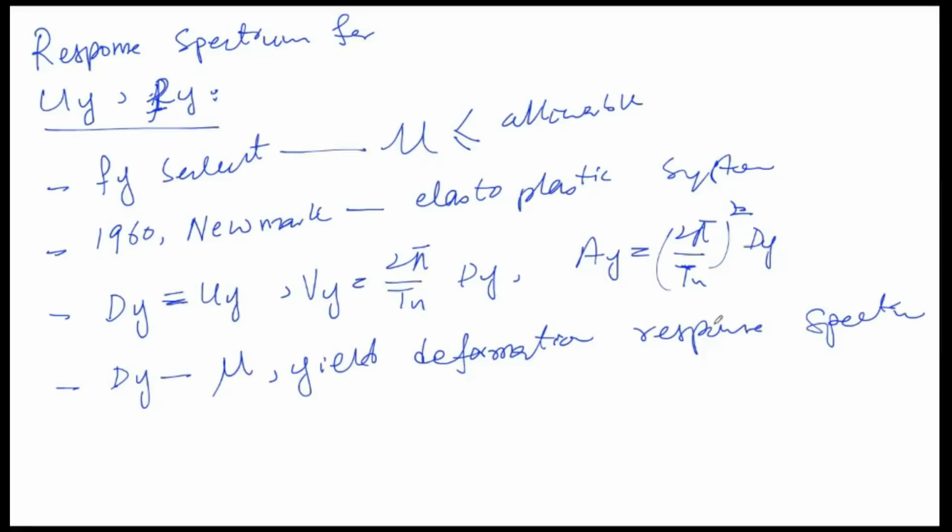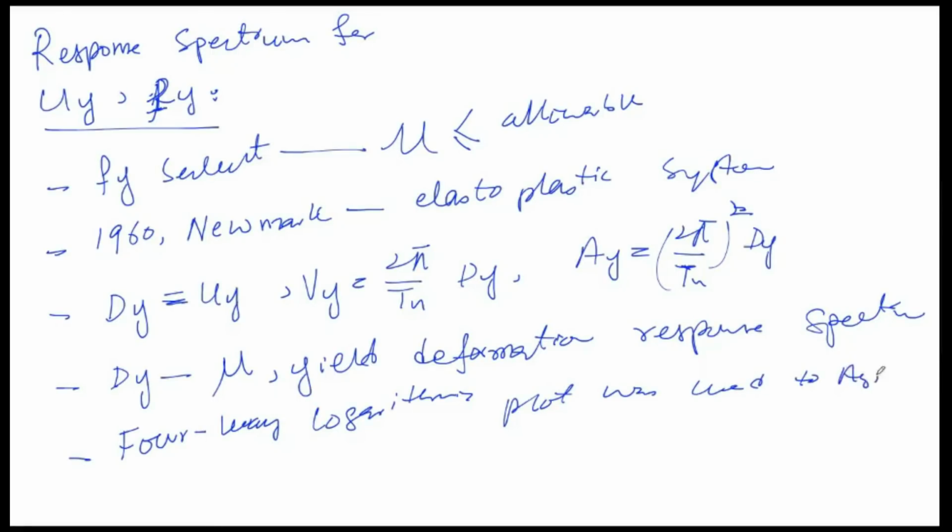The quantities dy, vy, and ay were presented in a single four-way logarithmic plot. So a four-way logarithmic plot was used to plot ay, vy, and dy.